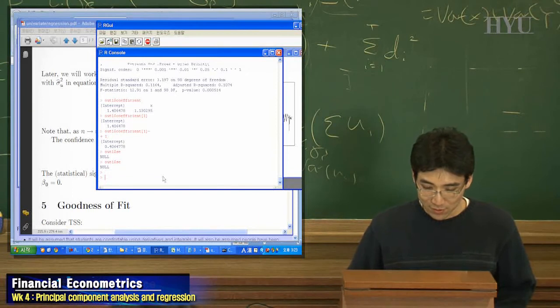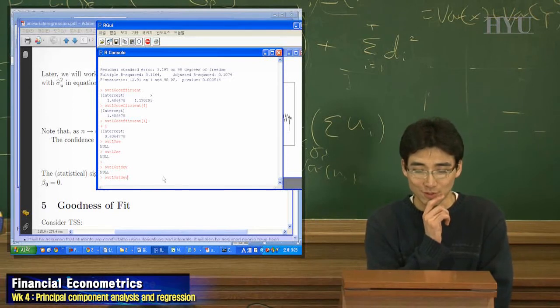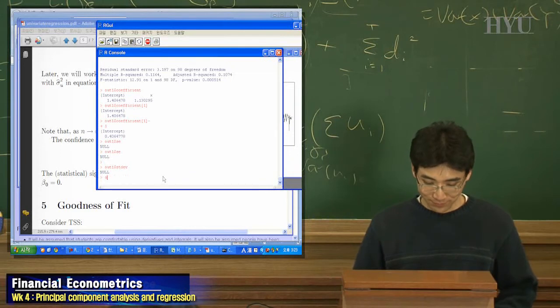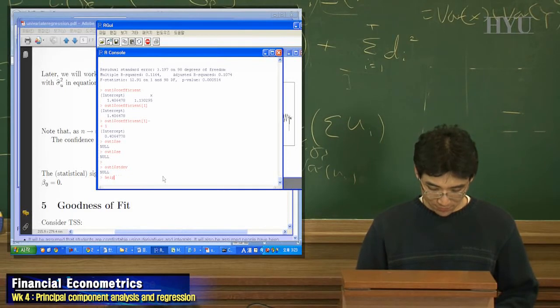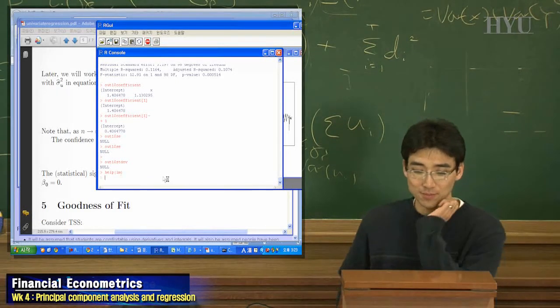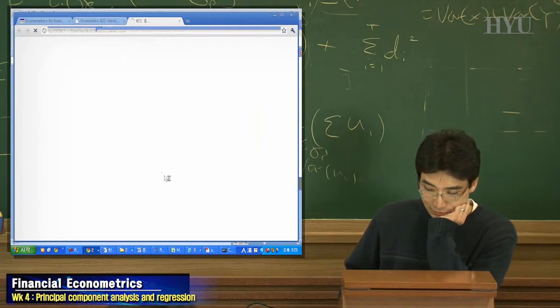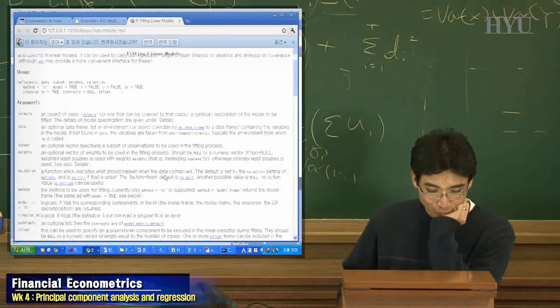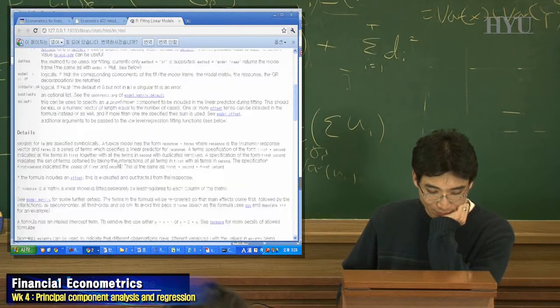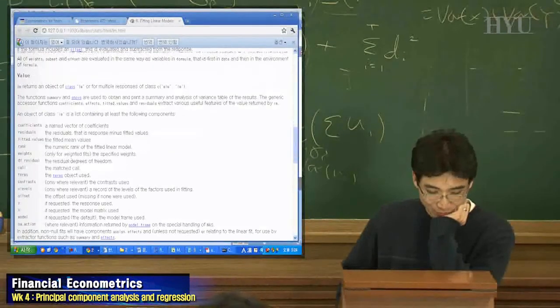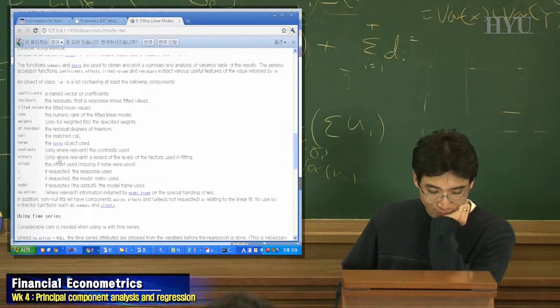I don't know how to get the standard error. Let me check the lm regression documentation: argument, formula, data set, offset, details, value, residuals, terms, model, coefficients.